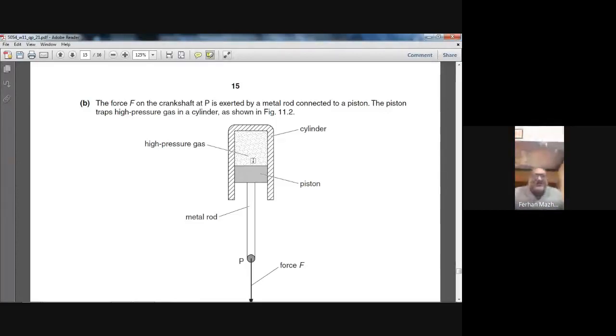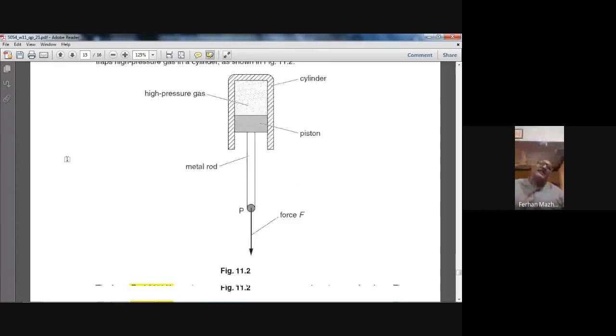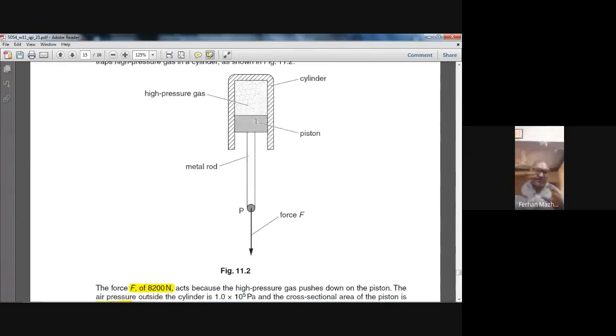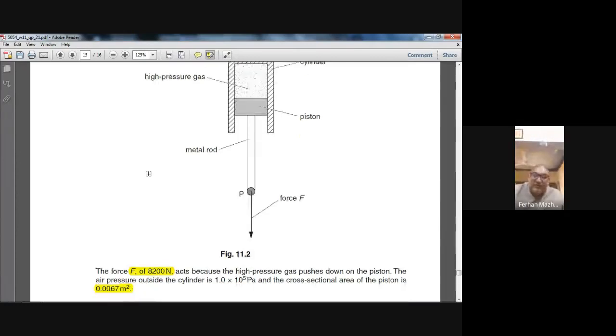There is this piston and the cylinder, and the piston is moving inside the cylinder. So in real life, there will be some friction between the piston and the cylinder. So we need to overcome that friction also.